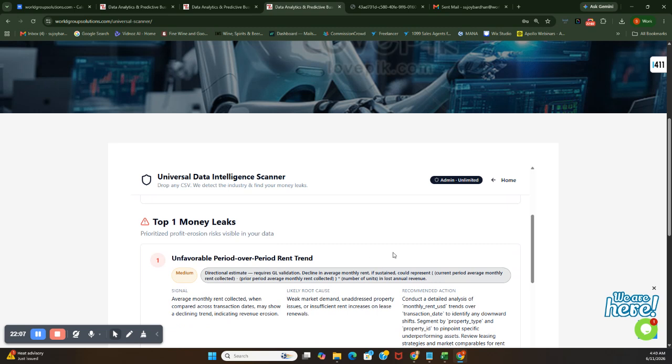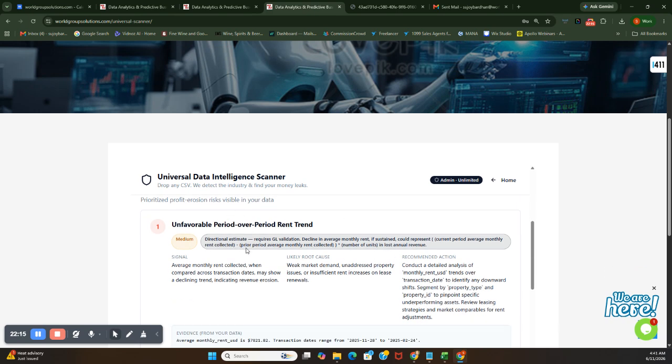So the first top one which we came across, as we selected only one of it, you prioritize the profit erosion risk visible in this dataset. So unfavorable period over period rent trending. So this is a medium type of scenario. The root cause was weak market demand, unaddressed property issues, and insufficient rent increase on lease renewals.